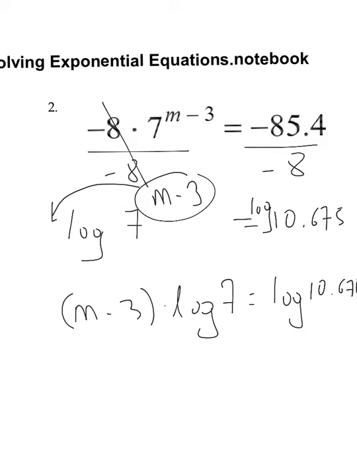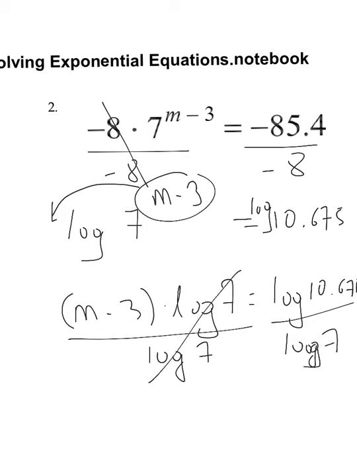Now I divide by log 7 on both sides, so this cancels, and I get m minus 3 is equal to, please type this in your calculator, log 10.675 divided by log 7.